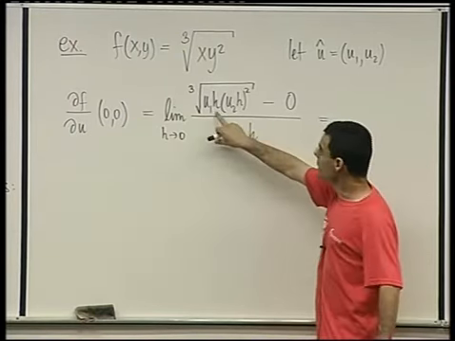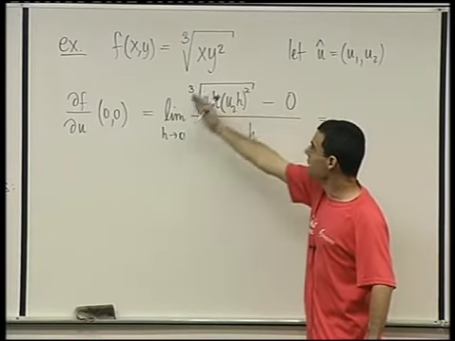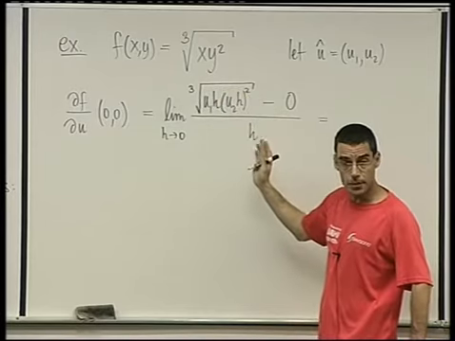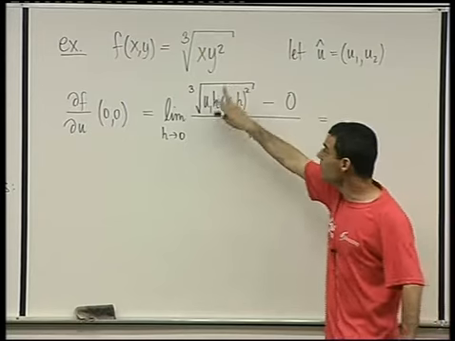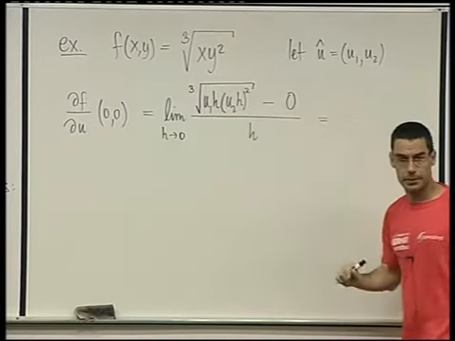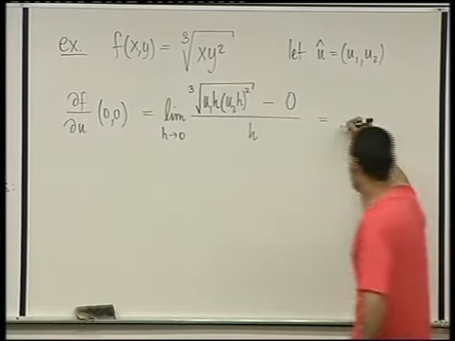Okay, so what do I get? Note that there's an h cubed here, h times h squared, and when it comes out of the cubic root, it's just h. It cancels out with this h, and what I have left is the cubic root of u1 times u2 squared, which is h-less. It doesn't have any h's there, so when h goes to 0, it's a constant. It stays the same.